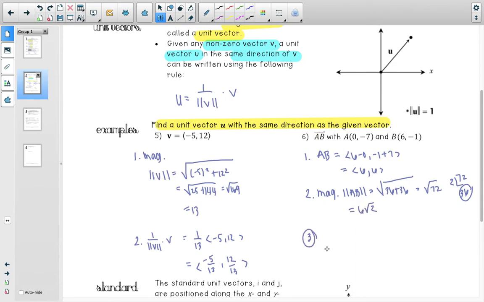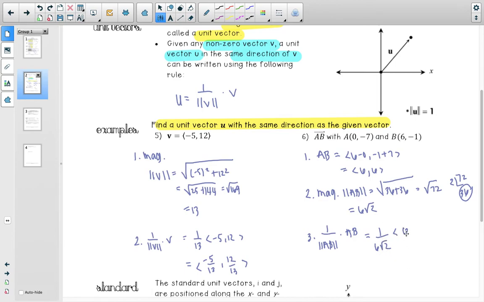And then the third step, we're actually going to find this unit vector. So we do the 1 over the magnitude of AB times AB. So we have 1 over 6 square root of 2. Hopefully you notice that this square root of 2 is on the bottom, so we're going to have to do something with that eventually.